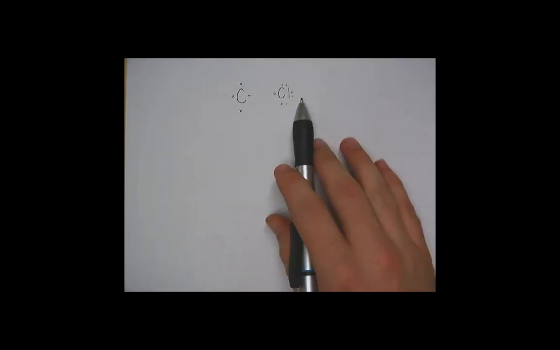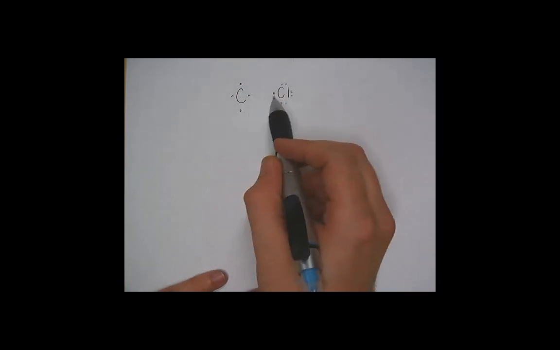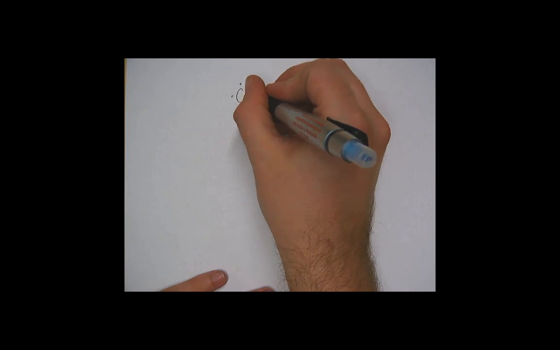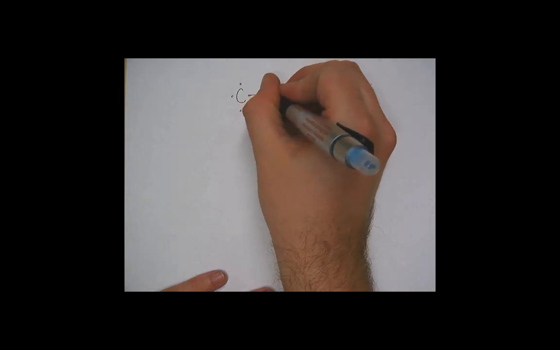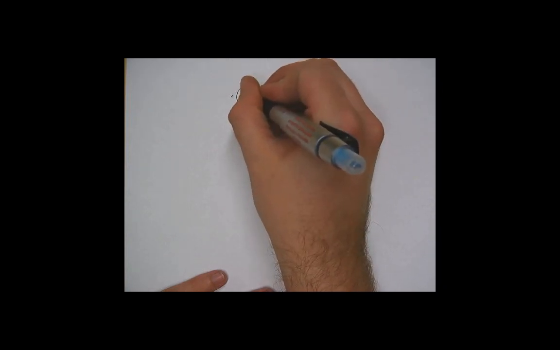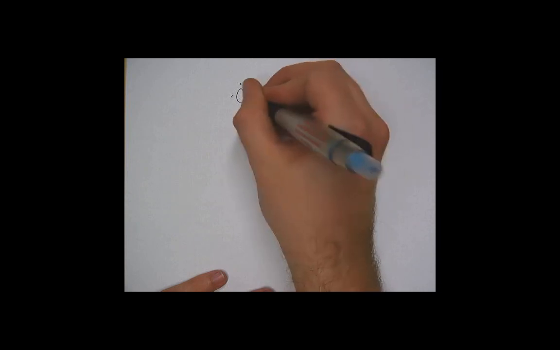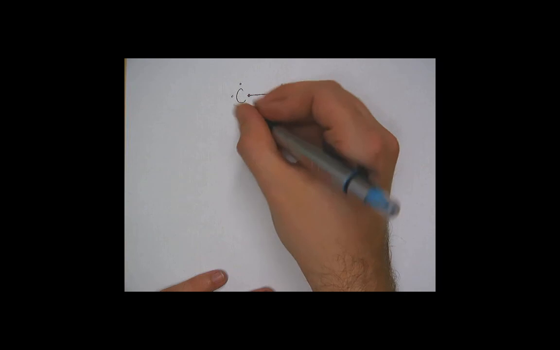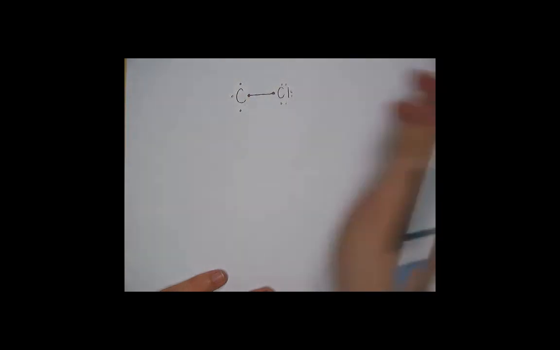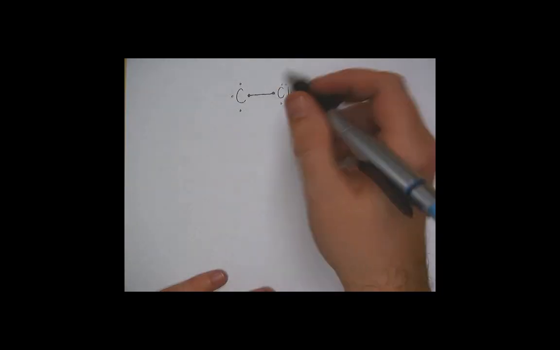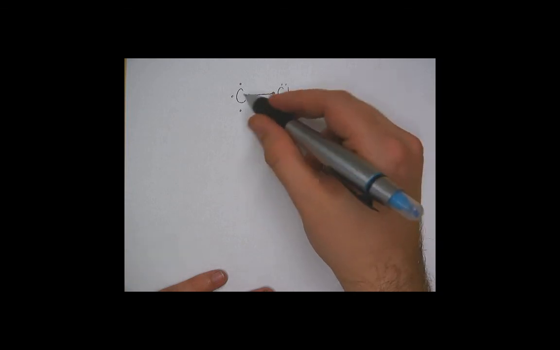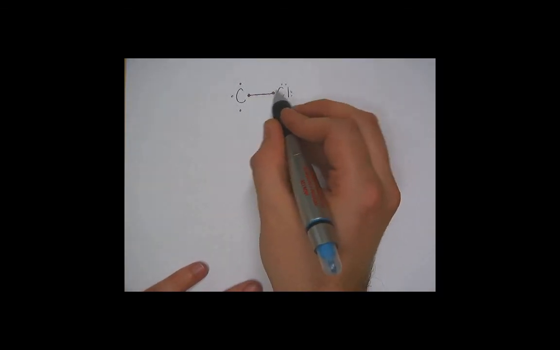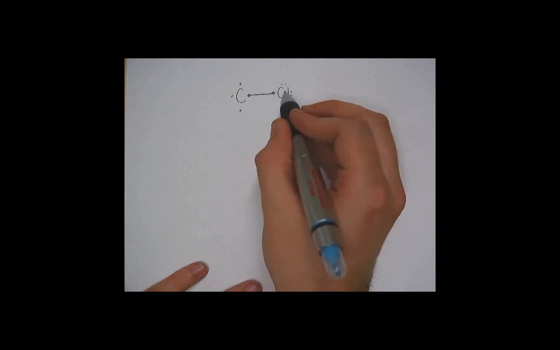But what I really want to do is just think about the one bond that carbon and chlorine can form. So we know carbon's going to give up one electron to the bond, and chlorine will give up one electron to the bond. This will satisfy chlorine's octet, but it'll leave carbon to form bonds with some other atoms. But what we're really just concerned about is this bond between carbon and chlorine.